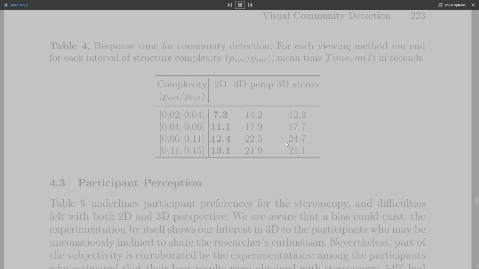Visual community detection. Table 4. Response time for community detection.